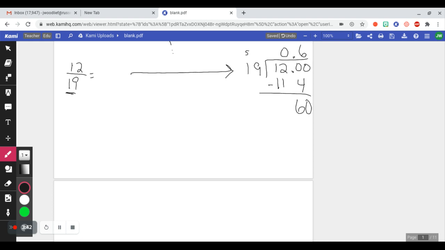When I do 19 into 60, that's going to be 3. So 3 times 19 is 57. I'm going to subtract. I'm going to get 3. I would go ahead and add another 0. I'm running out of room, though. And then 19 will go into 30 one time. So my decimal for 12 over 19 would be 0.631. Now it does keep going, but I'm going to stop at that point to give me an estimate of what that decimal would be.